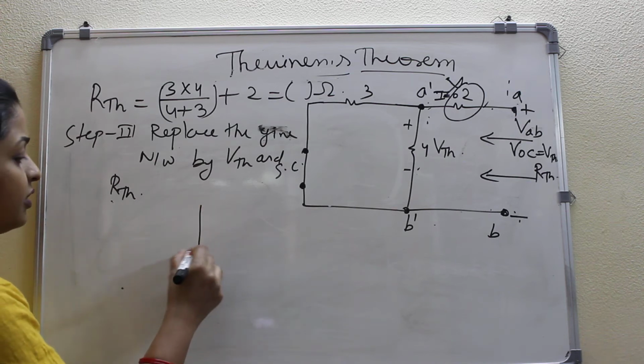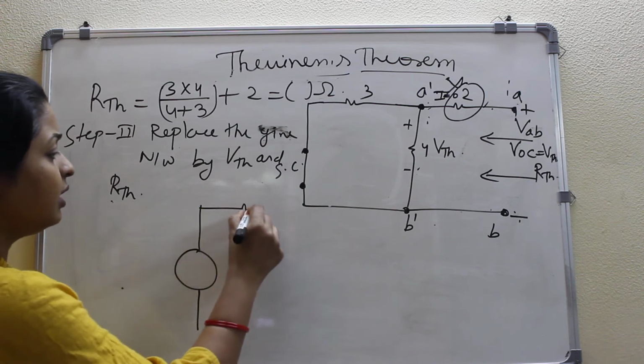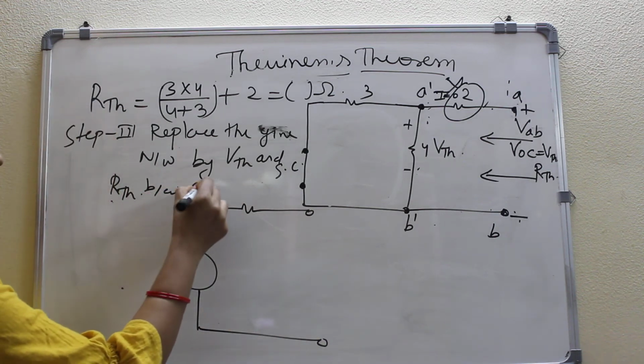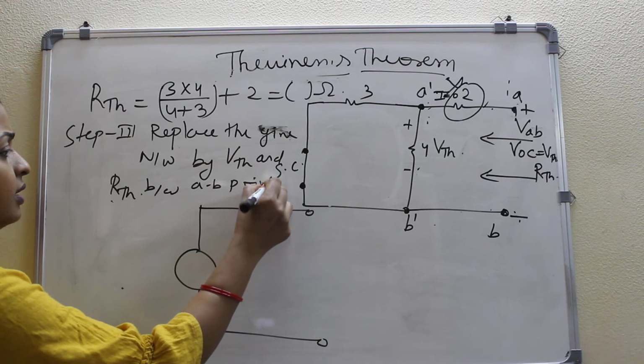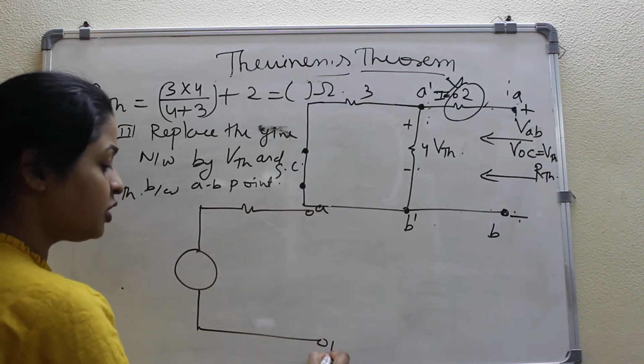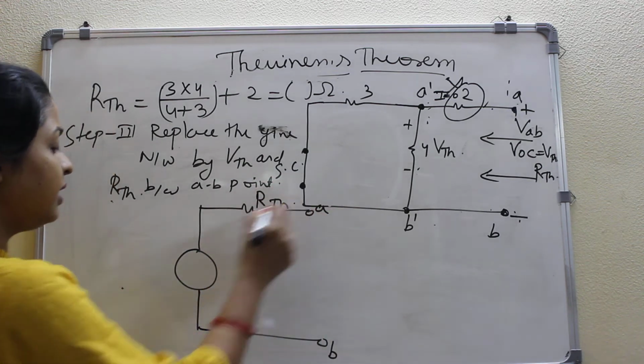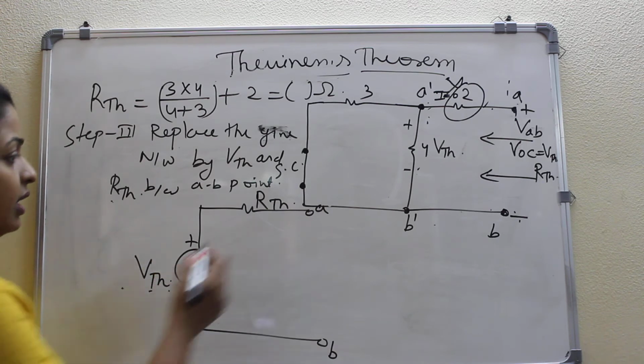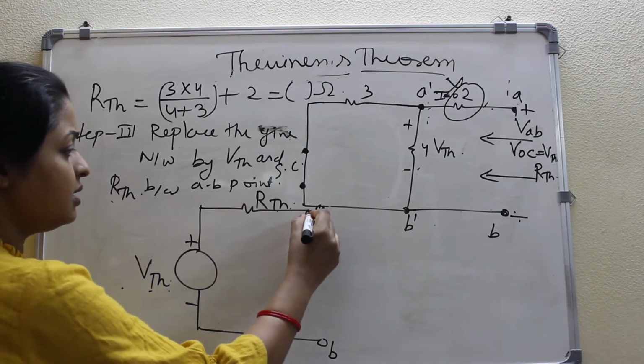So now I can replace my complete circuit by using VTH and RTH between AB point. So this was my A point, this was my B point, and I can represent it as RTH and VTH. TH represents Thevenin. Here also the subscript represents Thevenin.